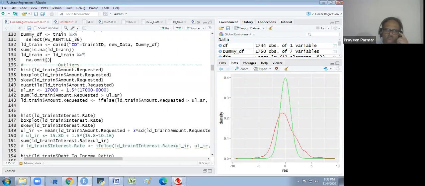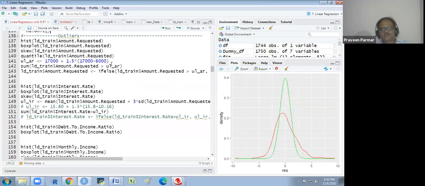For outliers, what do we have to do? We have to use it only here in this line, not this process. I will show you.